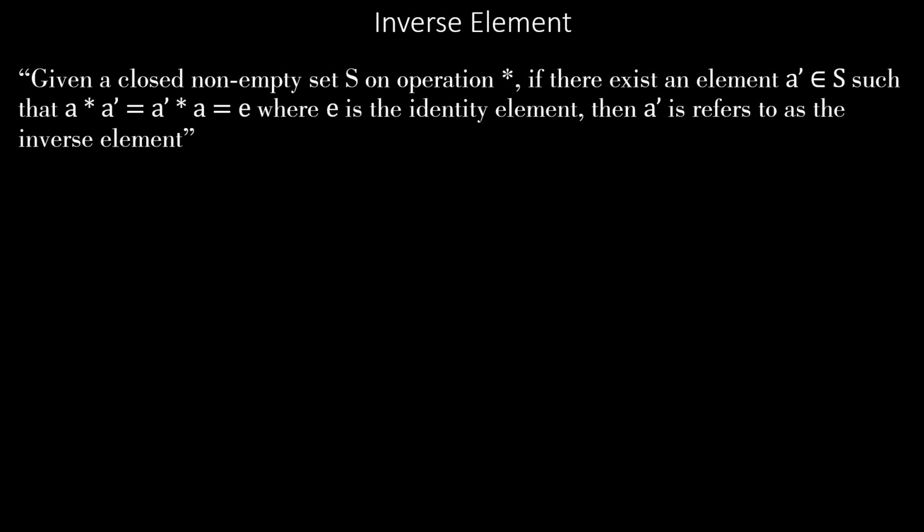To better illustrate this, we talk about the identity element of addition to be equal to 0 and the identity element of multiplication to be equal to 1. If you have a number such that a multiplied by a prime is equal to e, then we refer to a prime as the inverse element.